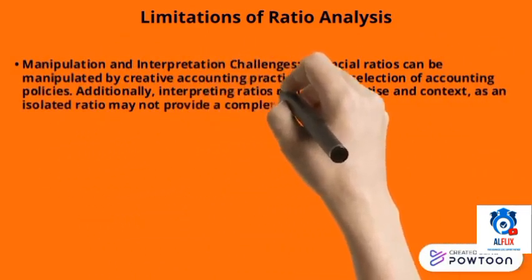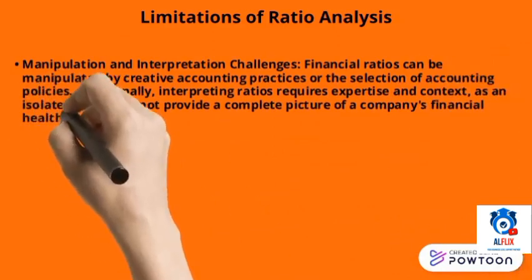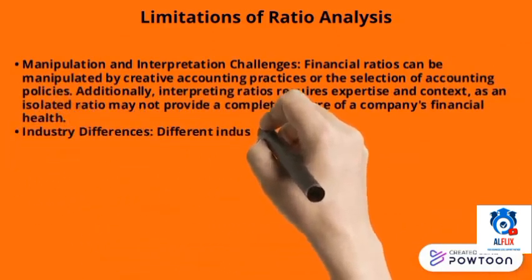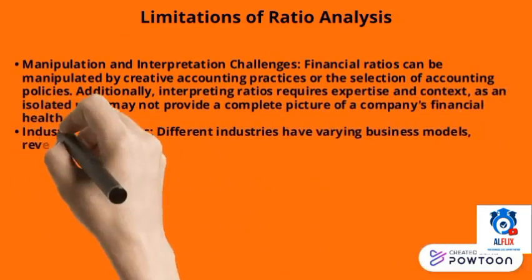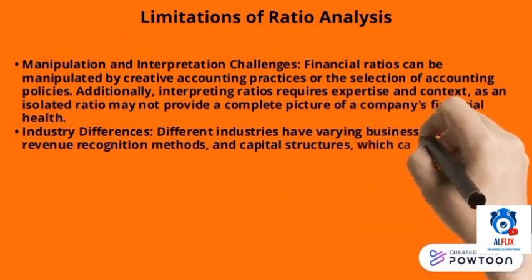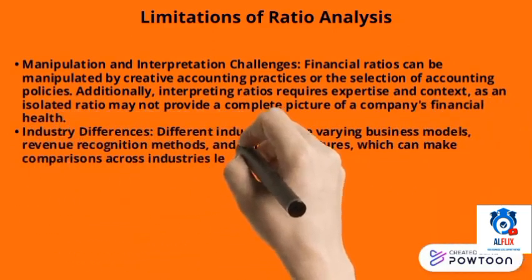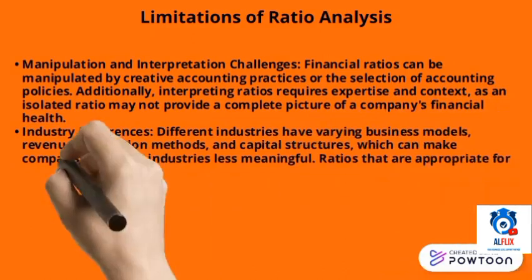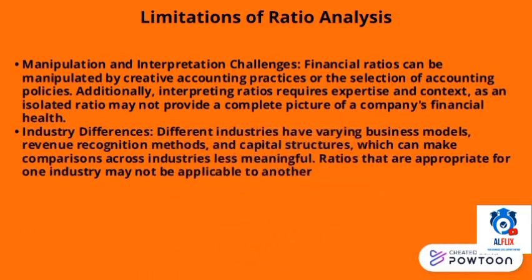Additionally, interpreting ratios requires expertise and context, as an isolated ratio may not provide a complete picture of a company's financial health. Industry differences. Different industries have varying business models, revenue recognition methods, and capital structures, which can make comparisons across industries meaningless. Ratios that are appropriate for one industry may not be applicable to another.